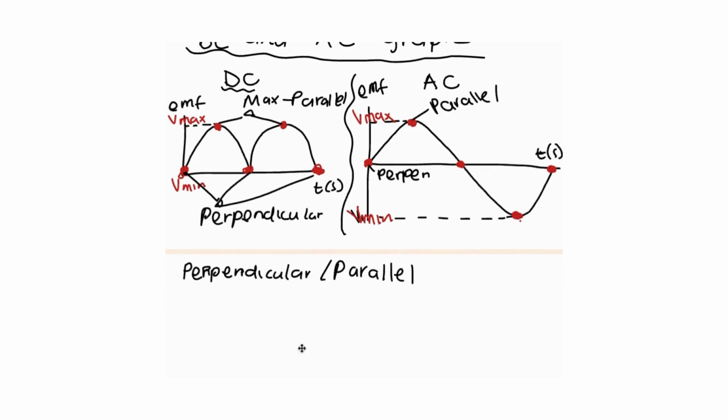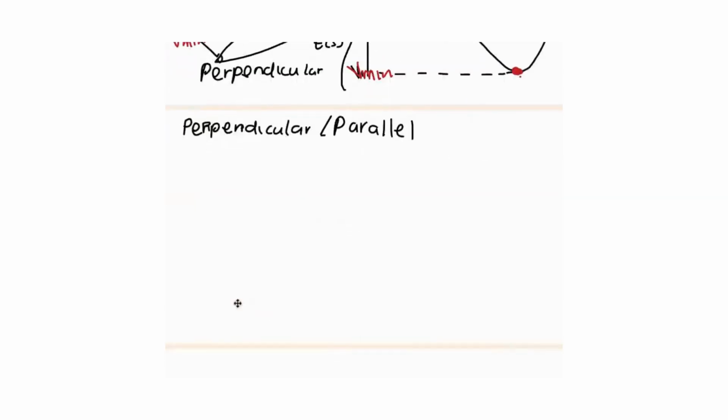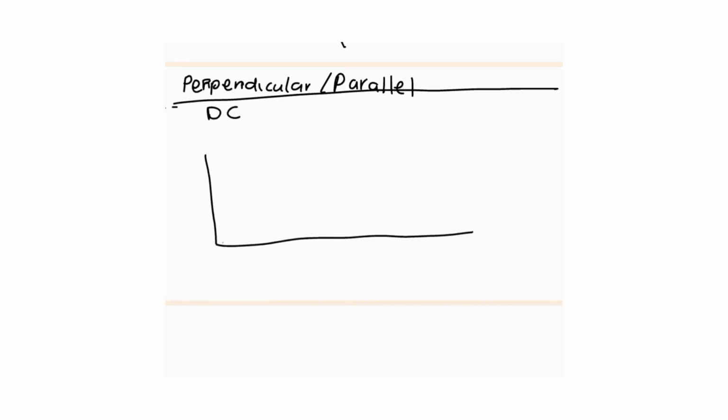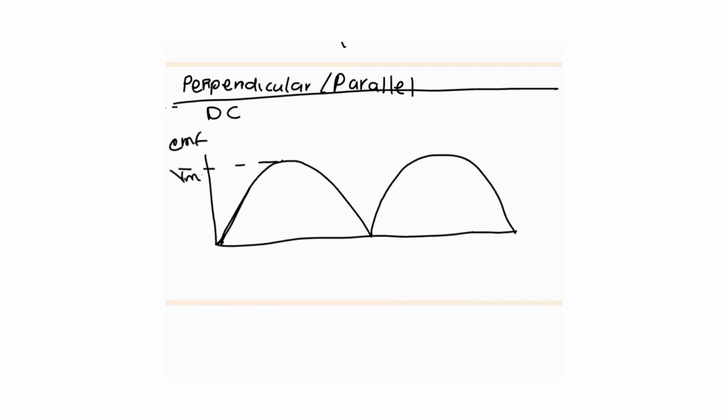So now that we've drawn our DC and our AC graphs, which I'm going to draw again there, I'm just going to underline that, which is not a very nice line, but I tried. So for DC, we had said, because the current is moving in one direction, it's starting at 0, you have maximum, 0, then another maximum, then it's a full complete cycle. You have EMF, and you have Vmax over there, and then you have V minimum.